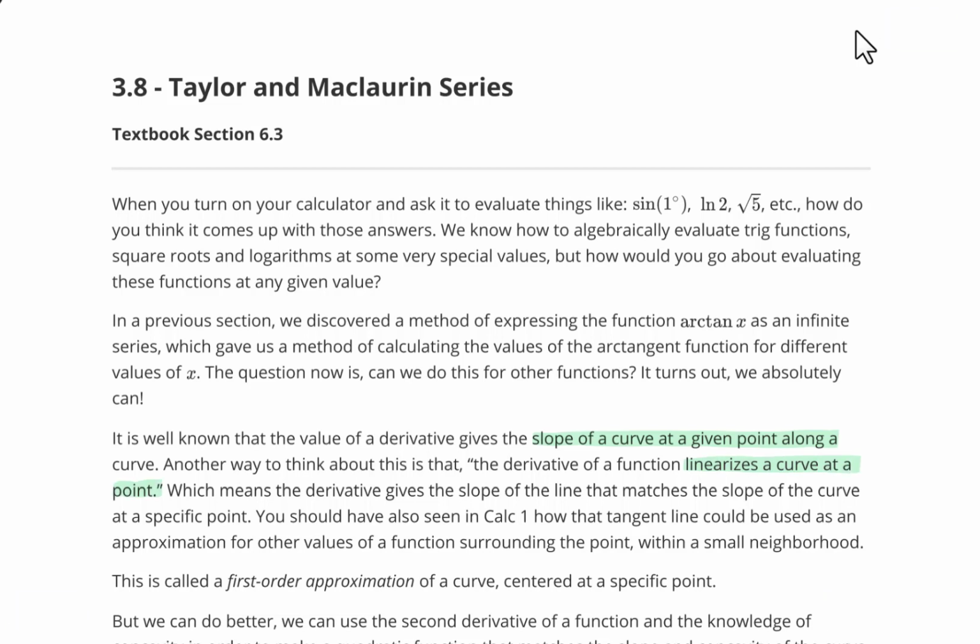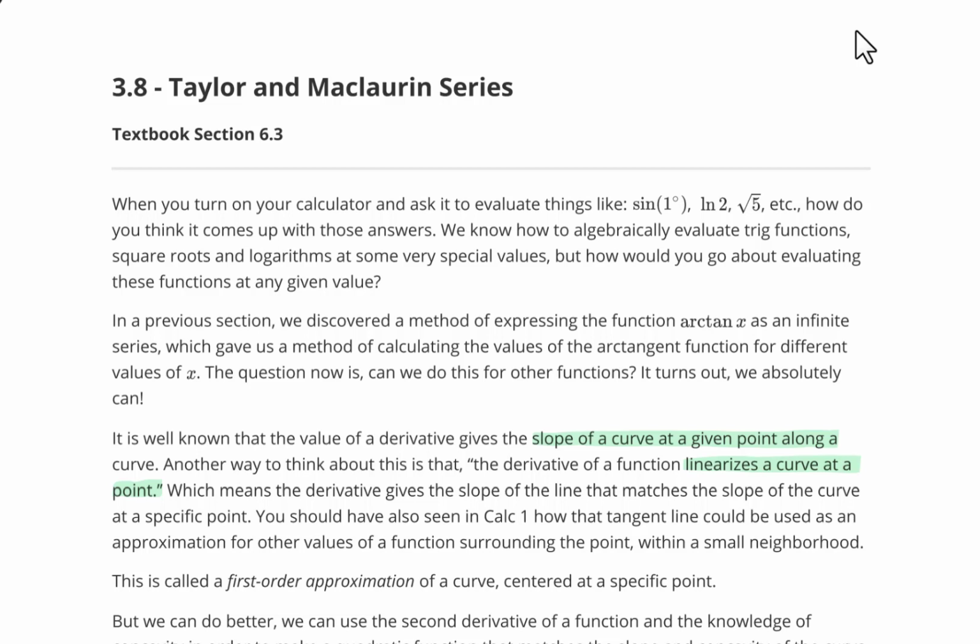Okay? So when we say it linearizes, it gives us the best linear approximation to the curve at that particular point. That's basically a degree 1 approximation, or we call that also a first order approximation. And it can be centered at specific points. It doesn't have to just be at 0, but it can be really anywhere.